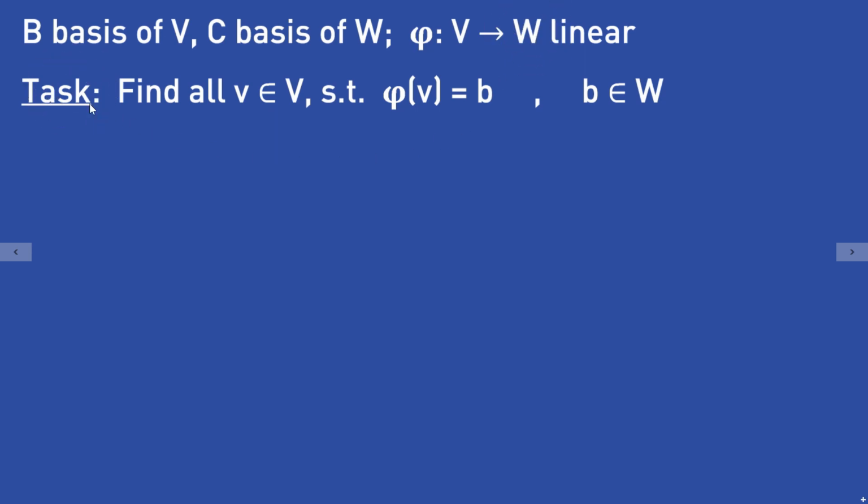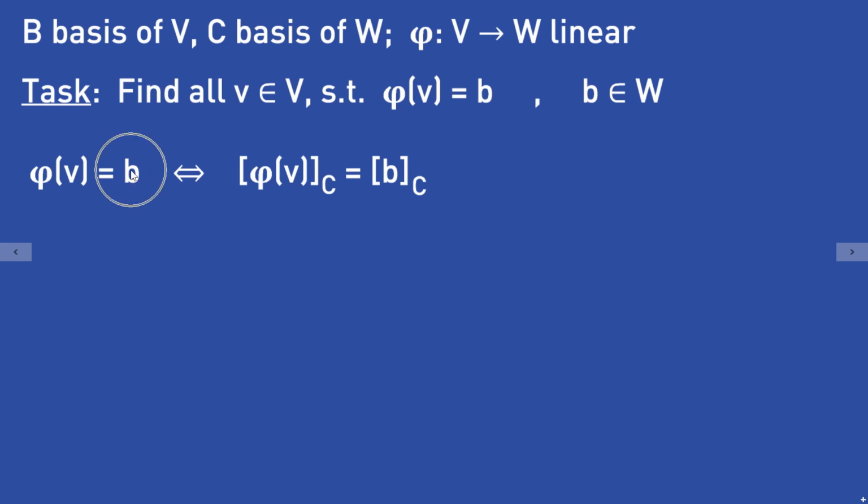Our task is now to find all small v in the space capital V so that phi of small v is equal to B, and B is an element of the space W. So phi of v is equal to B means that the coordinate vector of phi of v with respect to C has to be equal to the coordinate vector of B with respect to C, where C is the basis here of W. Here on the left, we can now use one of the properties for the matrix representation of a linear mapping phi.